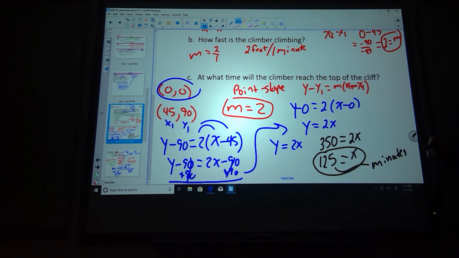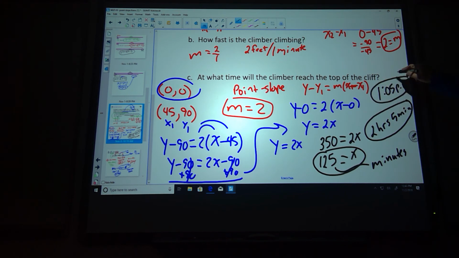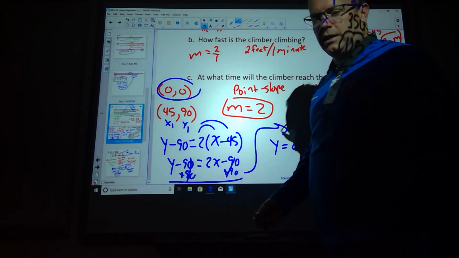That's 2 hours and 55 minutes. If he started climbing at 11, what time did he get to the top? So at 1:05 p.m., climbing at 2 feet per minute, he got to the top.